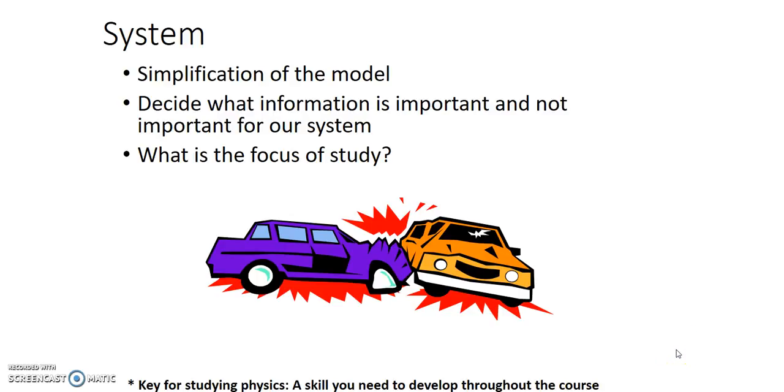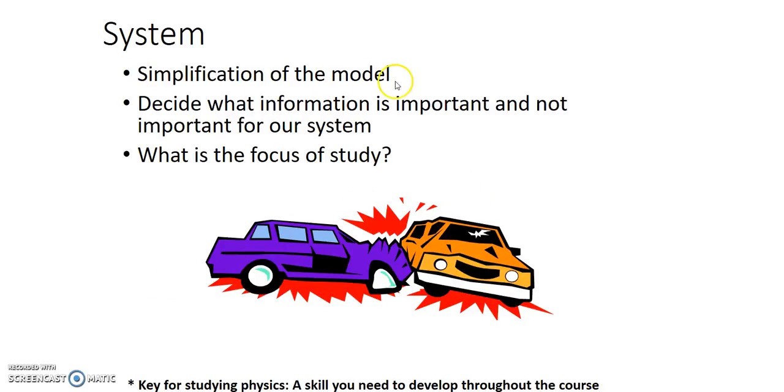Another word that's used in physics besides model is system. What a system does, again, is simplify your model. For example, when we're talking about collisions and conservation of momentum, you'll notice that the word is system. Even though in real life there's the road, there's air resistance, there's more mass in the front of the car than the back of the car, there's a lot of things that contribute to this system, but we usually just ignore most of it and assume that the mass is the same throughout the car, and that there's no friction involved.